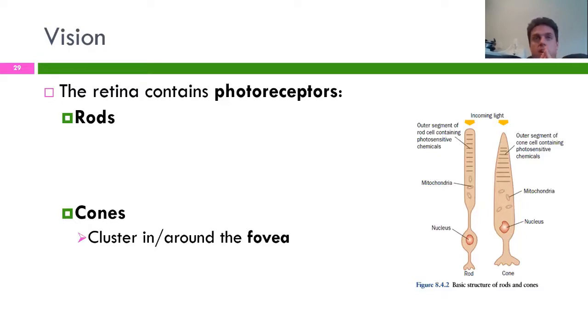So if I'm looking say right at the center of the screen here, where the mouse is, that's where your fovea is, okay? It's going to have more cones there. So the photoreceptors that are going to take in what's right at the center of your vision, that's going to be primarily cones, okay?